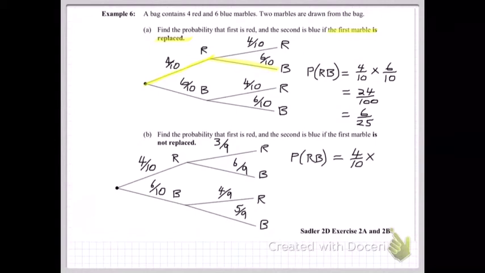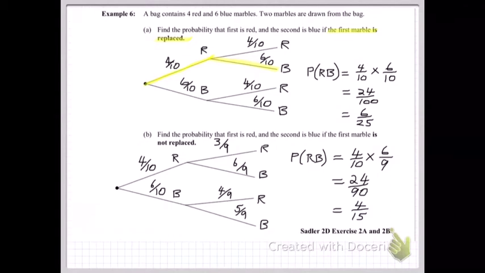So to work out the probability of red followed by blue without replacement is 4/10 times 6 over 9, which is 24 over 90, or 4 over 15.